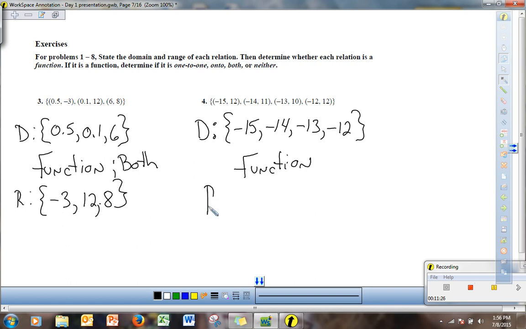Now let's list the range, which looks like a 12, an 11, a 10, and a 12 is used again. Since a 12 was used twice, it's not one-to-one, but it would be onto. If you have a set of ordered pairs, it's going to be onto.